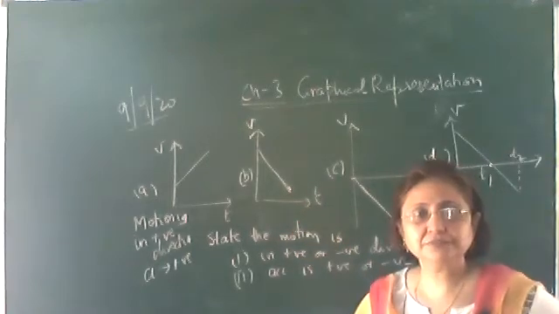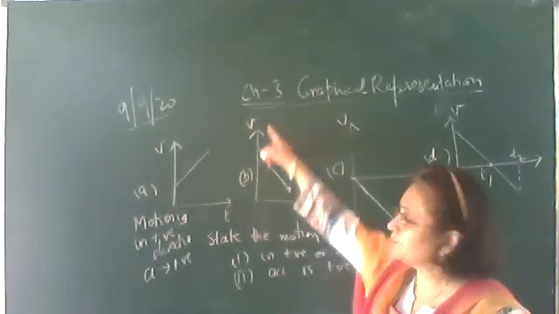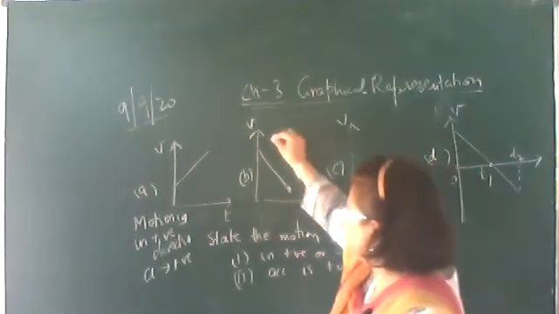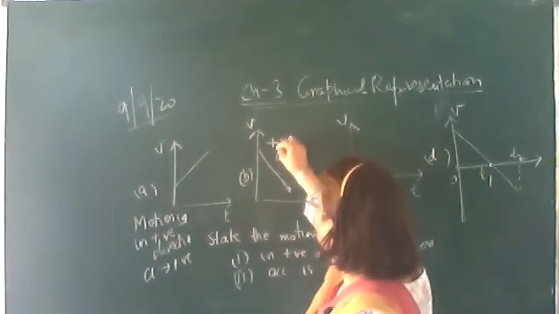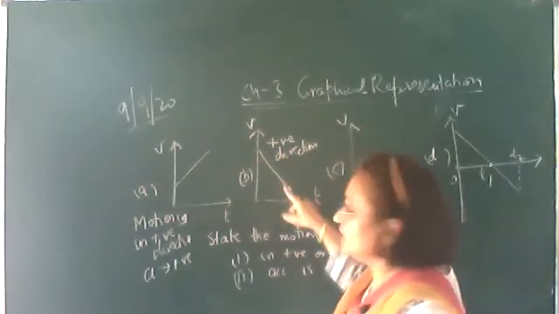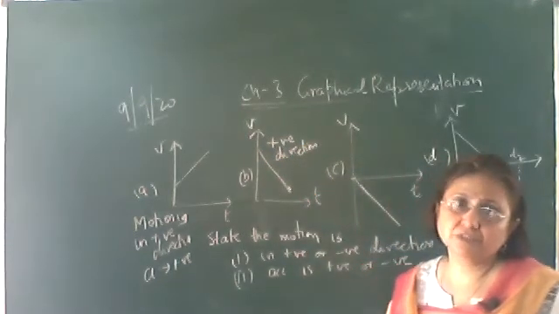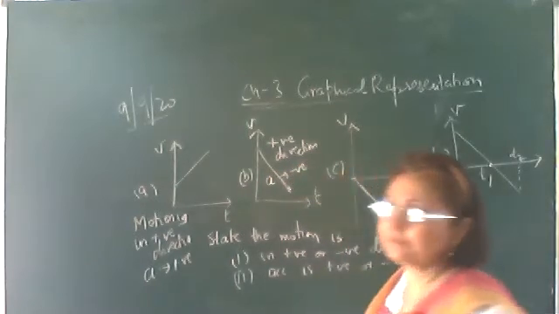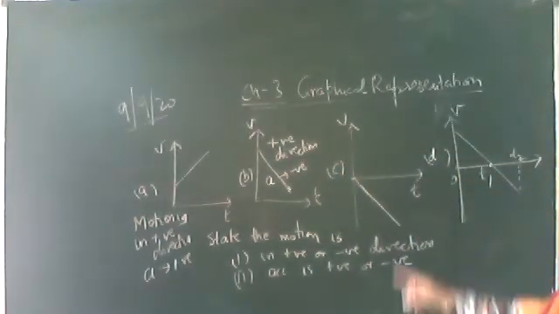Second graph, this is positive v-axis. So the motion is in the positive direction. But as the velocity is decreasing with the time, so it means the acceleration is negative. Third figure.